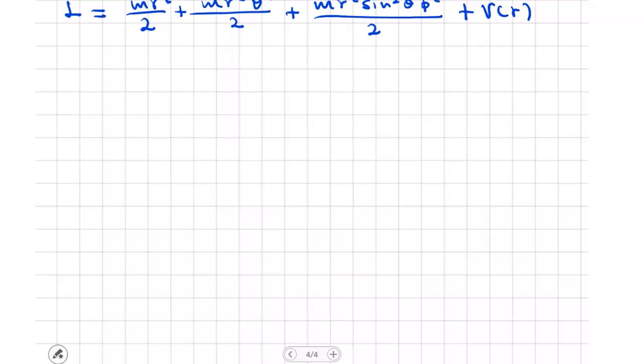Well, we know already. We know r dot, we know theta dot, and we know phi dot. All right, guys. So we know those terms.